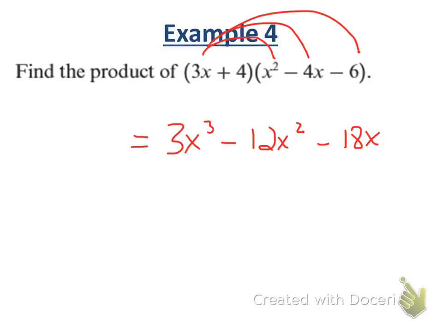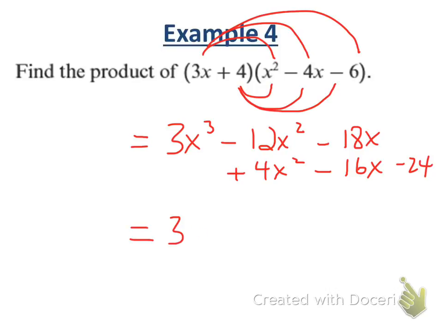I'm going to show you a little paper saver. What's 4 times x squared? Positive 4x squared. You can go ahead and write that one right underneath that other one. Why would we do that? Because they're like terms anyway, right? 4x times negative 4x is negative 16x. Those are like terms, so pair them up. And then 4 times negative 6 is negative 24.